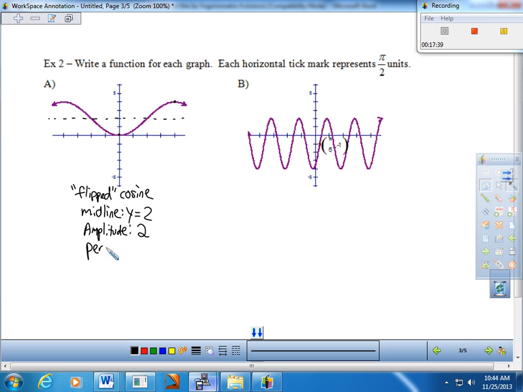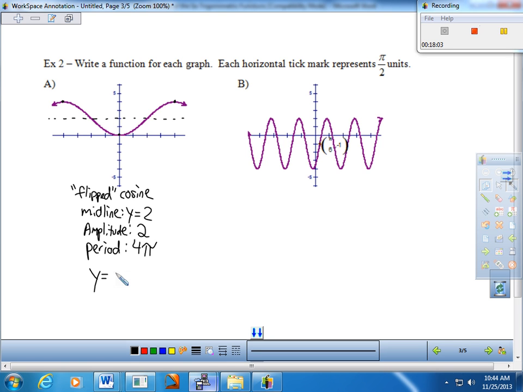See if you agree on that piece. If I can, I like going from the y-intercept. In this case, you can probably tell from max to max. That's a good way to look at it. And then from here to here horizontally is exactly 4 pi units. Okay. No phase shift required, as we figured out this is just a flipped cosine.